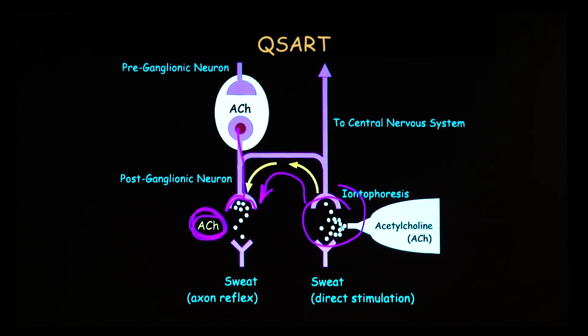If you don't have sympathetic cholinergic nerves, because it's a problem, then you're not going to have a normal QSART. You could have intact sympathetic cholinergic nerves, still have a problem with temperature regulation, like happens in multiple system atrophy. And if the person is put into a heat chamber, the person doesn't sweat like the person is supposed to. Well, why would that be?